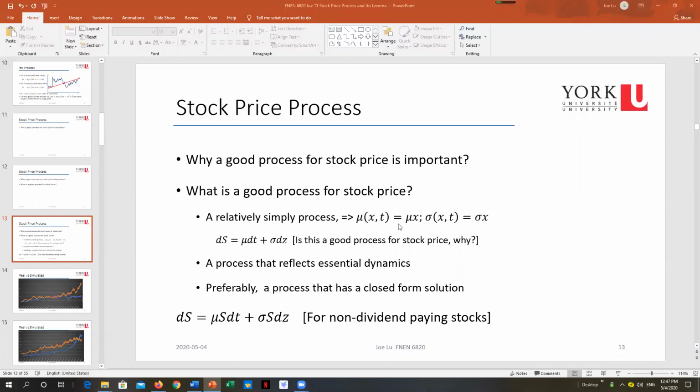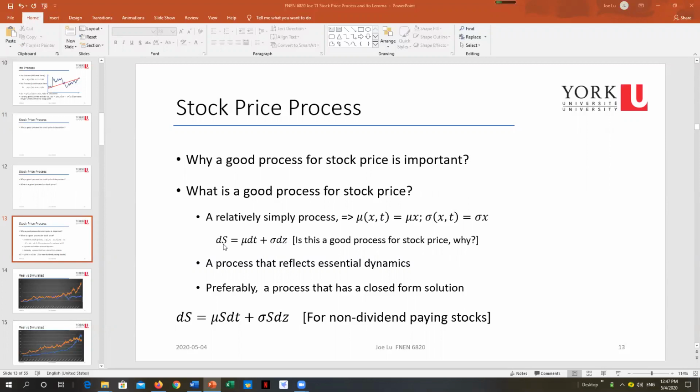However, we want to have certain structure on the drift term mu and the volatility term sigma here, such that they are not too complicated. The function here is not an overwhelmingly complicated function. Yet we don't want this to be too simple. Now, what do I mean?